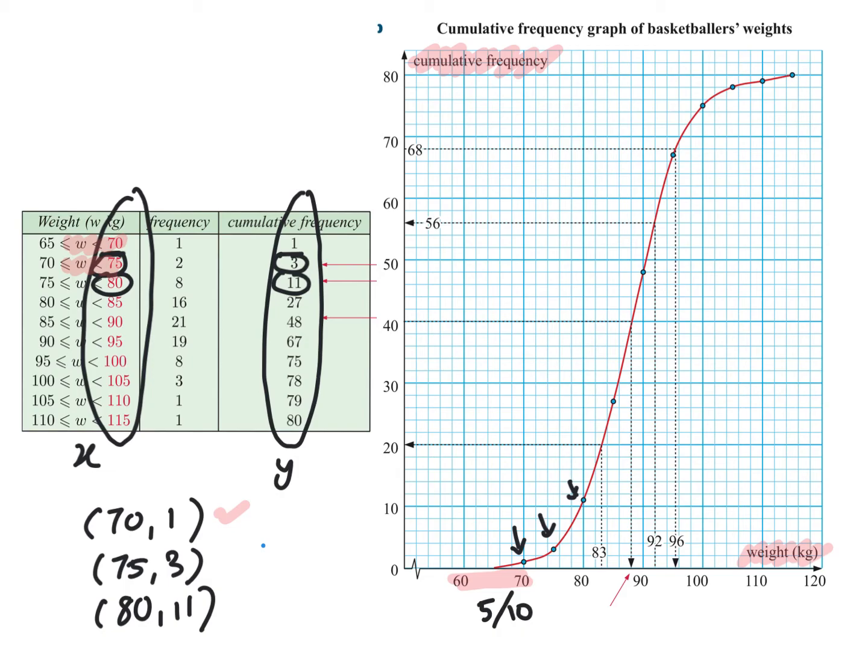We can also relate it to multiples of 10, but try to avoid 4. So the easier ranges will be 60 to 70, 70 to 80, 90 to 100, 100 to 110, and 110 to 120. Then we plot all of the points based on our upper bound and the cumulative frequency. This is the upper bound.